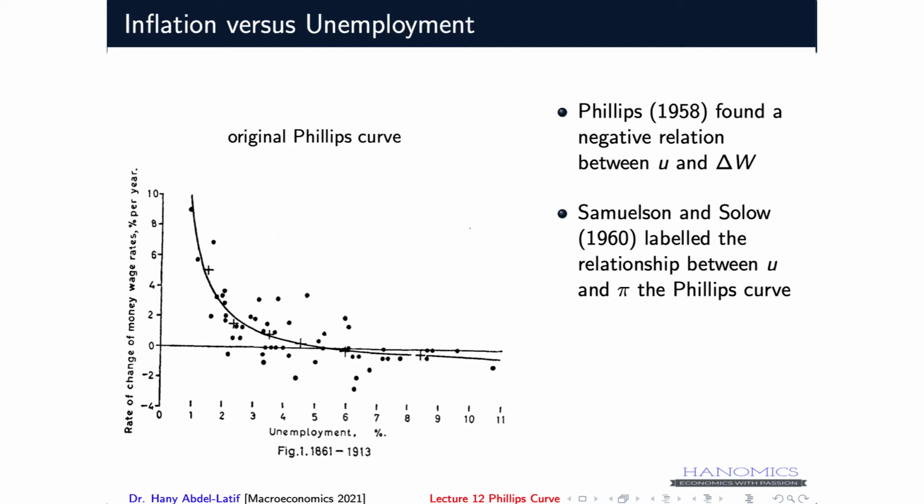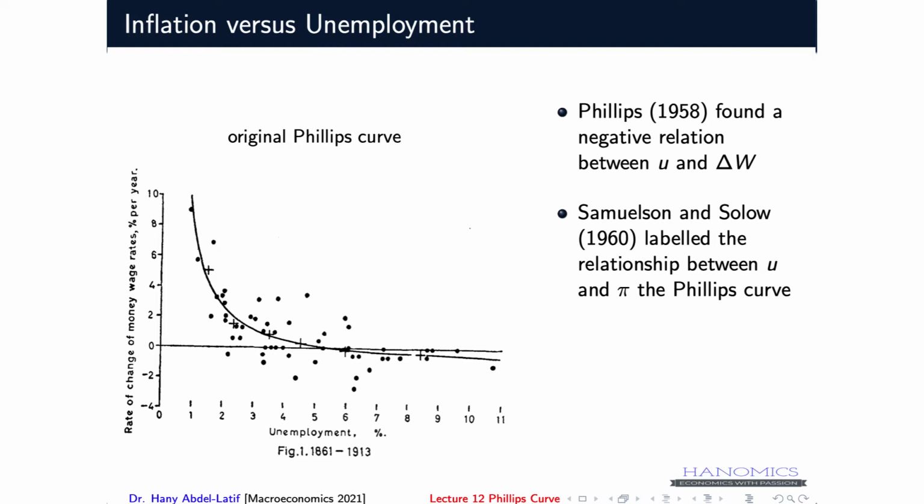So Samuelson and Solow in 1960 labeled this relationship between inflation and the unemployment rate the Phillips curve. They showed that this relationship seemed to hold in other countries too. So it became very popular in economic analysis in the 1960s.